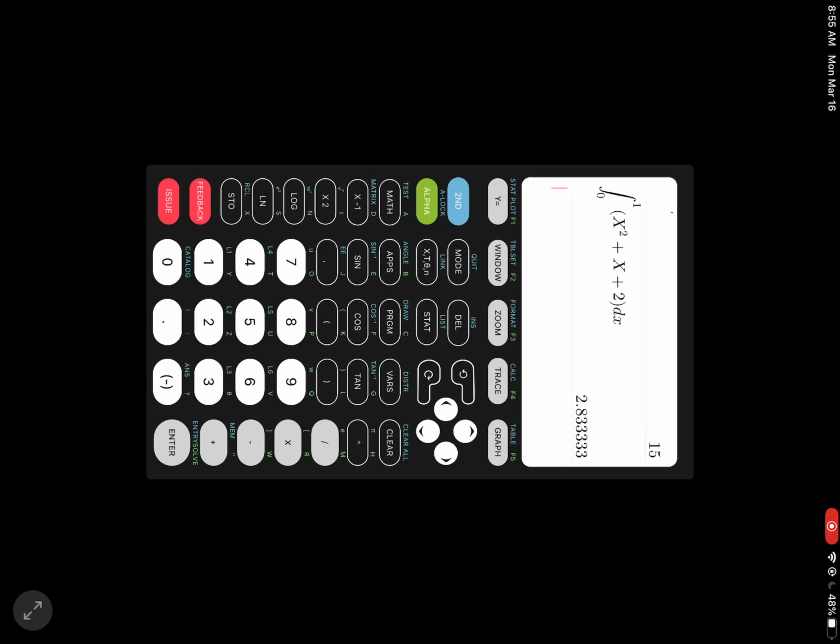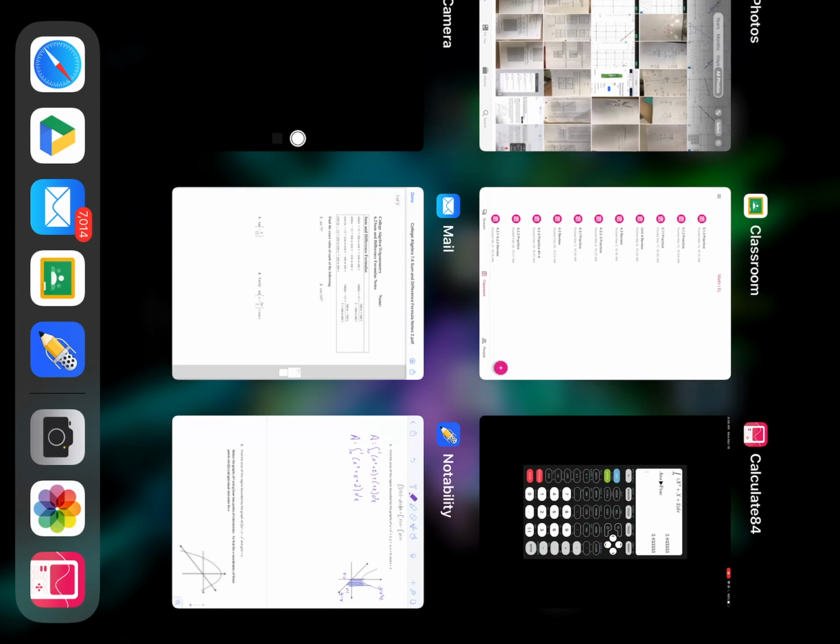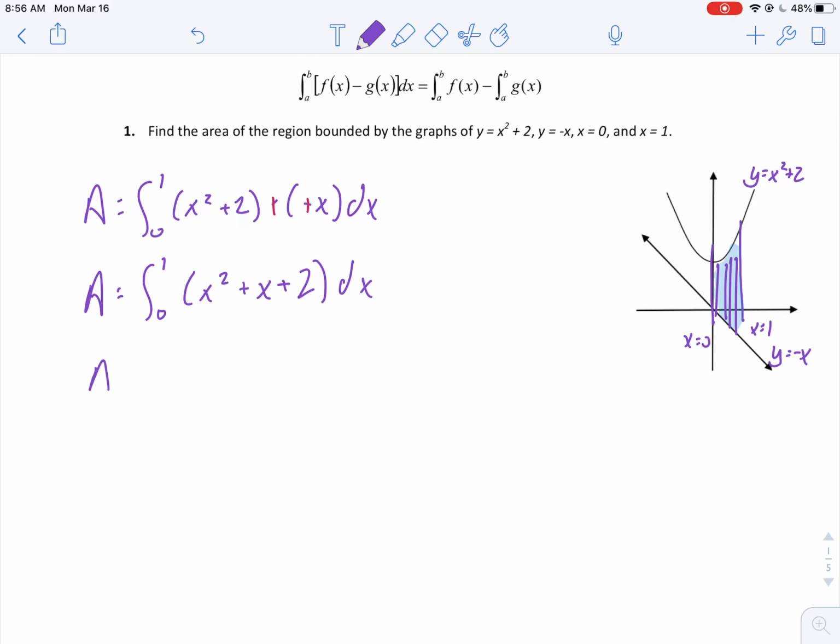I'm going to convert that to a fraction if I can. So I'm going to use the first option, and it's not letting me, but I believe it does on a regular TI-84. Let's go back. So my area is 2.833.